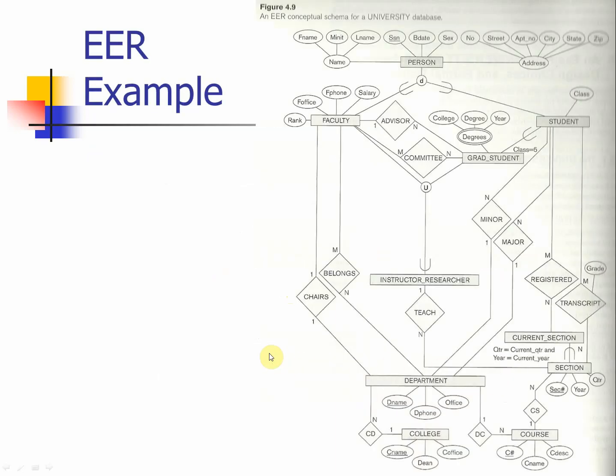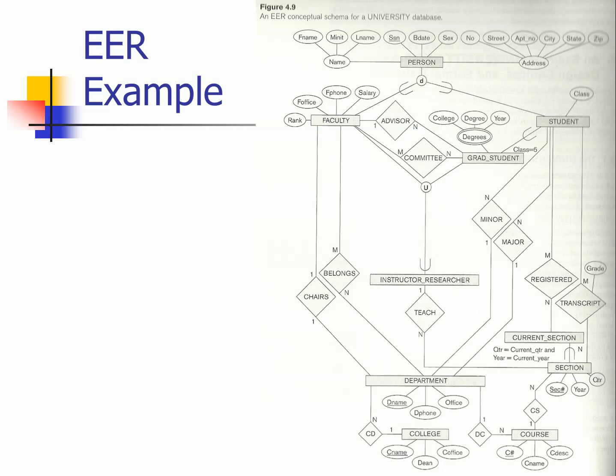And therefore, I have concluded all the discussions that we have seen for the EER topic. This is something that I have copied and pasted from the book figure. It gives you pretty interesting concepts regarding the EER diagram. It has all the things that we have discussed: superclass, subclass, disjoint, union, and many different things.